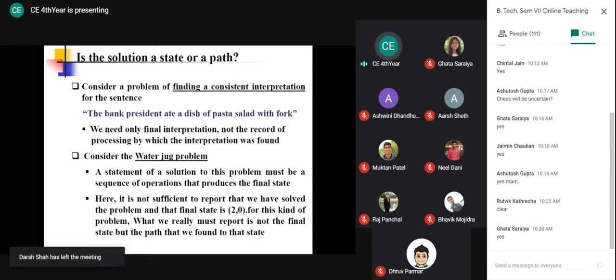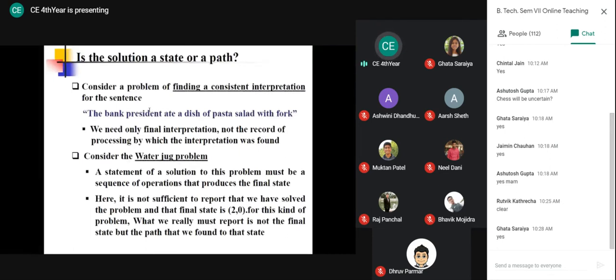When a sentence is given, we need only a final interpretation. Either the bank is a financial institution, or the side of a river, but only one of these may have a president. So in this type of example, we need only a final interpretation, not the record of processing by which the interpretation was found. How it is found does not matter.